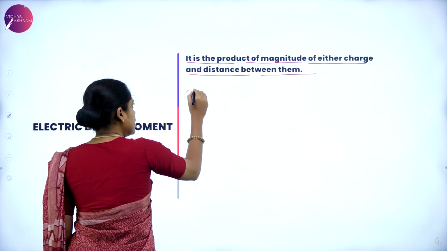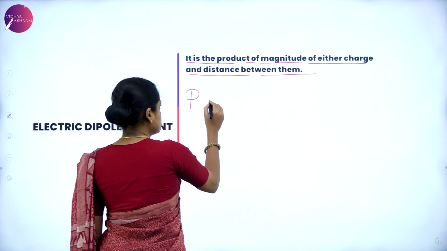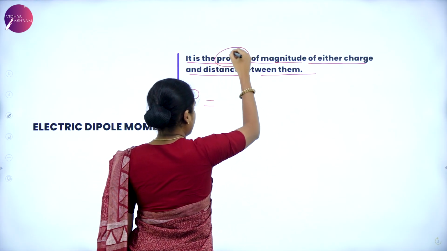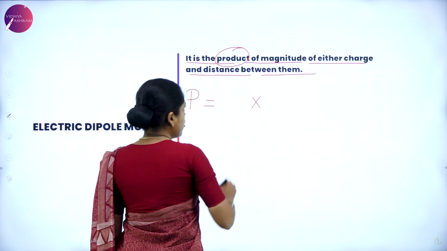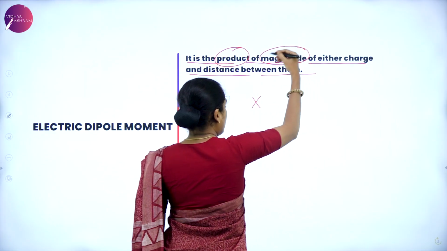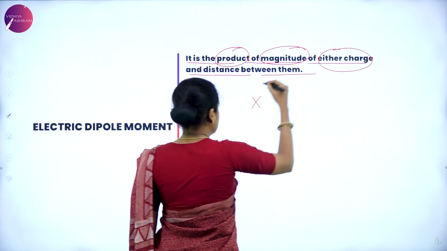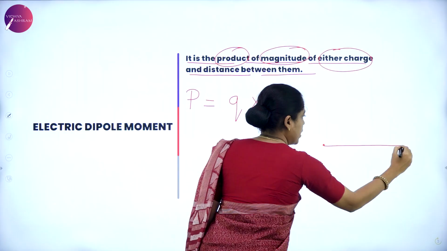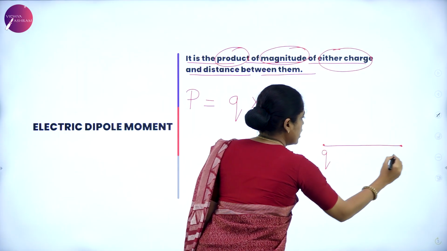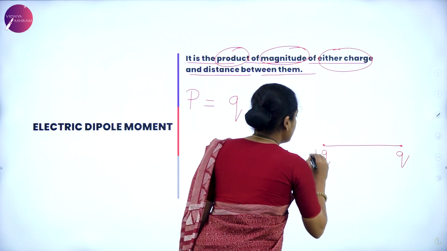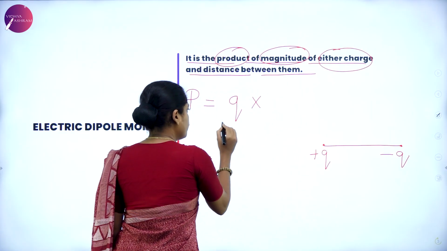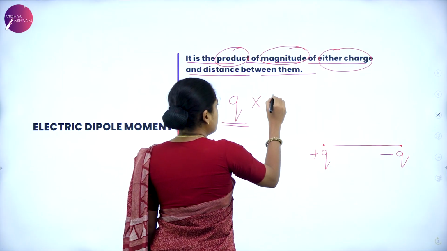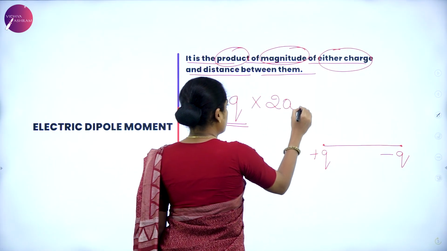Electric dipole moment is represented as P, which, according to definition, is the product of magnitude of either charge, that is Q, because dipole is a pair of equal in magnitude opposite charges, and the distance 2a.